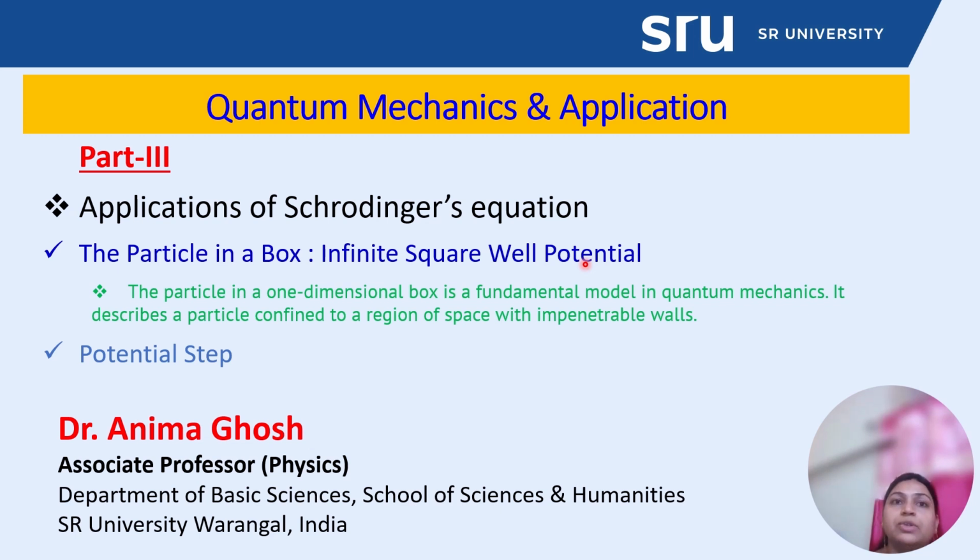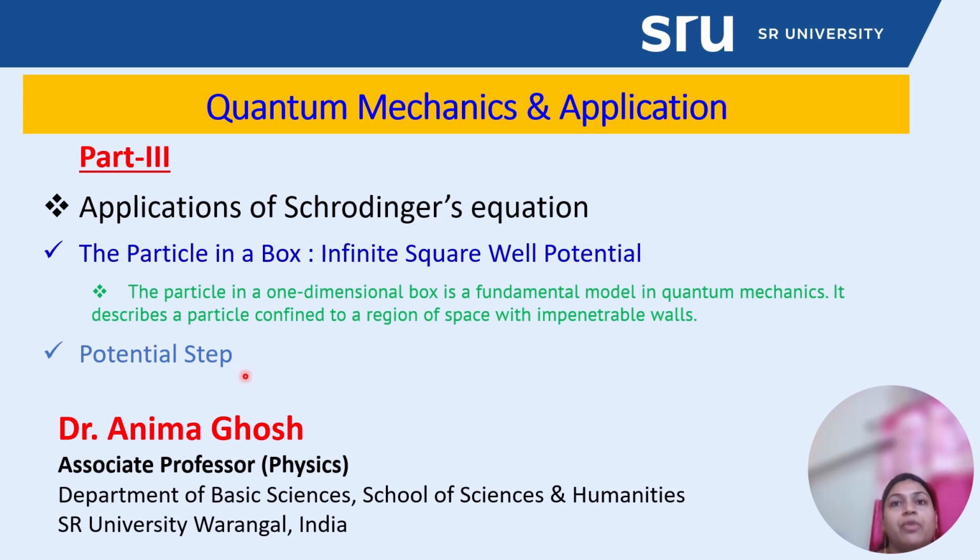These models also serve as a stepping stone to more complex systems and are widely applicable in understanding real world quantum systems like electrons in quantum dots, nanowires, even vibrating molecules. As we develop our understanding of this model, we'll also briefly introduce another quantum system, the potential step.